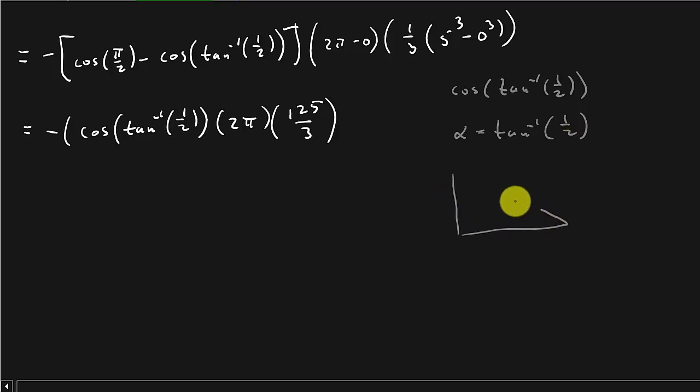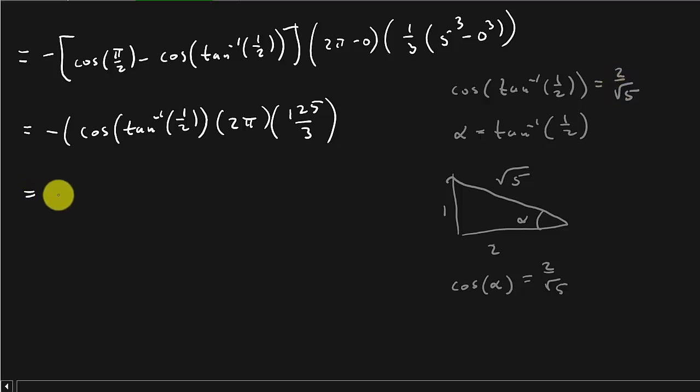So let's draw us our triangle. There's alpha. Tangent is opposite over adjacent, and so by the Pythagorean theorem, the hypotenuse would be square root of 5. And so we can see that the cosine of alpha is adjacent over hypotenuse, which is 2 over square root of 5.